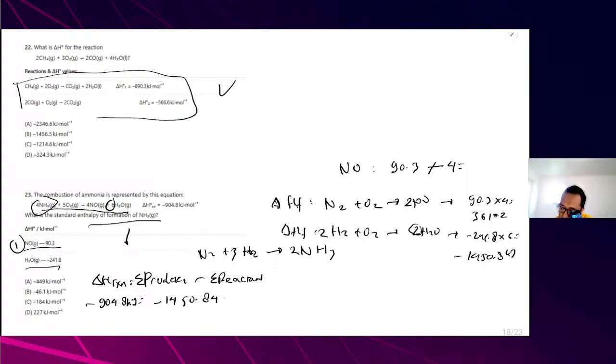Minus 450.84, and then plus NO. How about the NO? NO itself is 361.2. And then minus reactant.